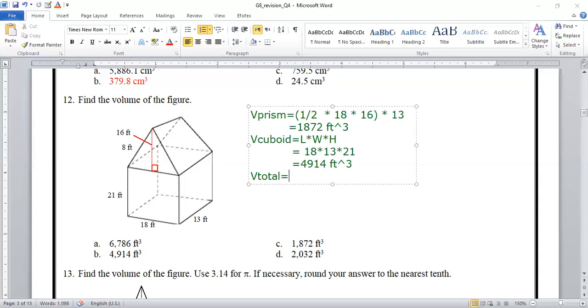equals volume of prism plus volume of cuboid. So total volume equals 1,872 plus 4,914.